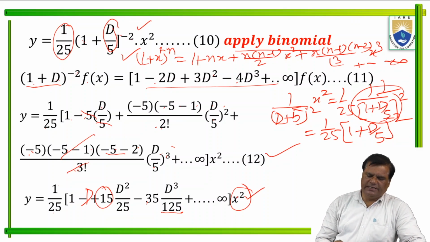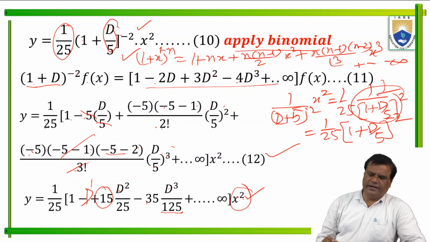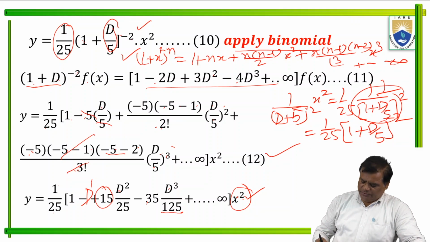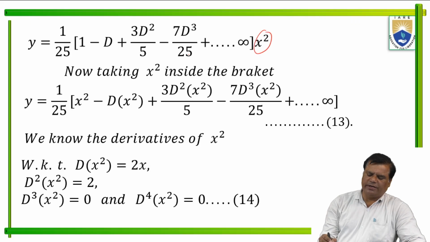When we write this function inside, then it is differentiated, because D is differentiation here, second order, third order and first order differentiation. When we multiply by this x square in the bracket, then this function is differentiated in each term. So after multiplying this term here, 1 minus D, 3D square by 5, 7D cube by 25 into x square.